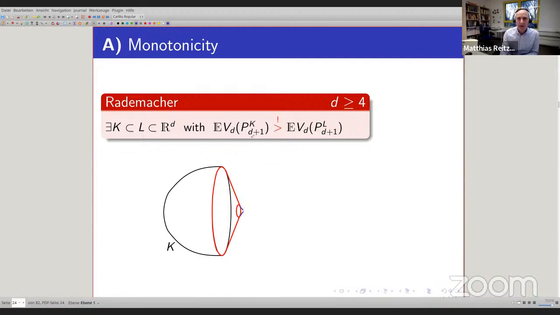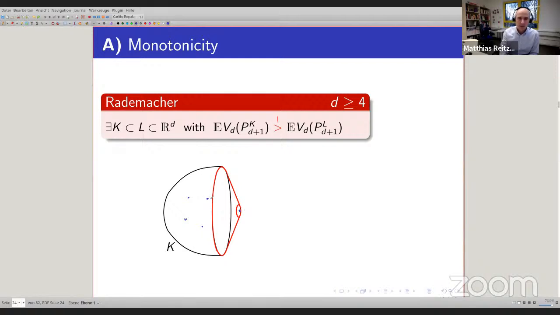If you compare the random polytopes which may occur in K and in L, then the only difference are those polytopes where at least one random point is here. All others are more or less the same. So without going too much into detail, what you have to compare are those random polytopes where all random points are freely floating inside, and then those where one point is here.